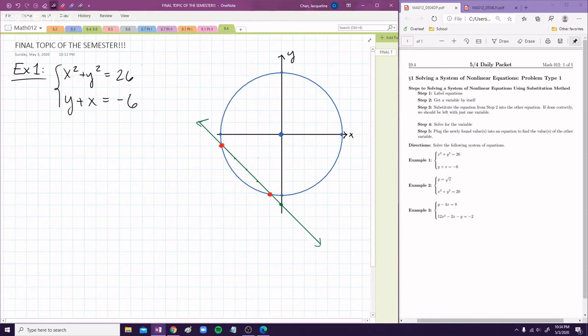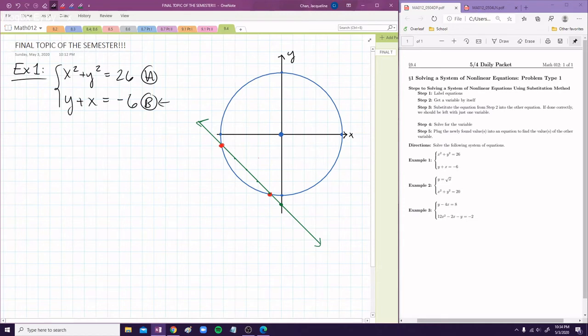So what is step 1? Step 1 says to label our equations. So I'll label this A and this one B. You can label it 1, 2, star, double star, it doesn't matter, just label it. And then step 2, we're going to get a variable by itself. When I look between equation A and equation B, I'm thinking what would be easier to use for substitution. And I'm going to say B, because these are x squared, y squared, but this one's linear, so x, y.